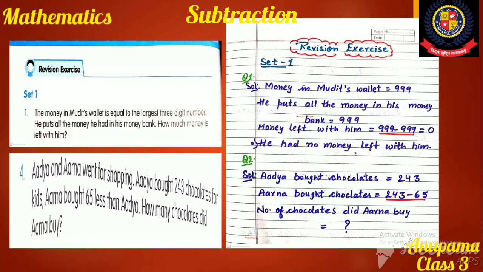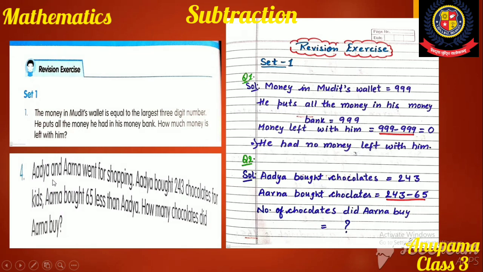That is 999. So we will write here 999. Now he put all the money in his money bank. So he has 999 money and he put all the money in his money bank. Now money left with him. So 999 minus 999, that is 0. So he had no money left with him.